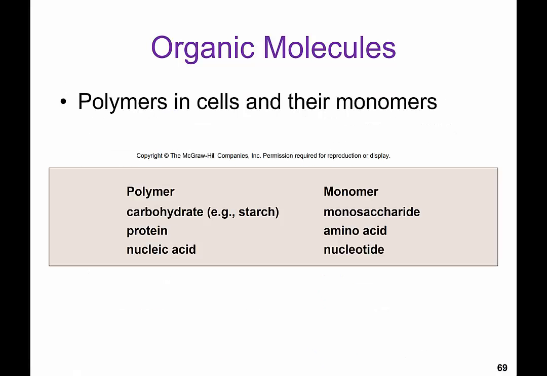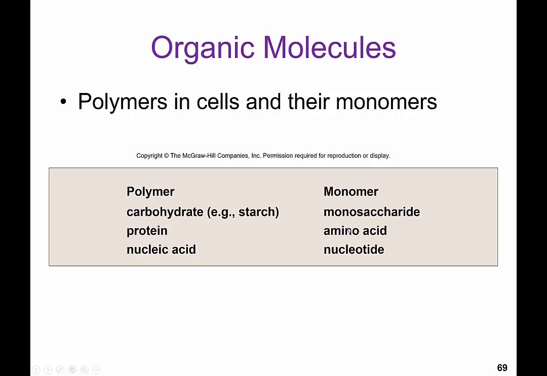Whenever we look at organic molecules, we're going to be looking at carbohydrates, lipids, proteins, and nucleic acids. 3 of those have specific building blocks, or monomers, that create the polymer. So for carbohydrates, for example starch, monosaccharides are the monomers that join together to build the polymer.